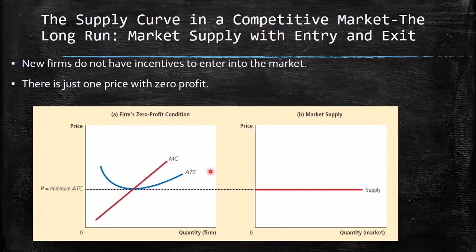Here we are talking about the short run. At this time, new firms don't have incentives to enter into the market. There is just one price with zero profit. So we start under the condition of firms with zero profit, so no one is interested in entering the market.